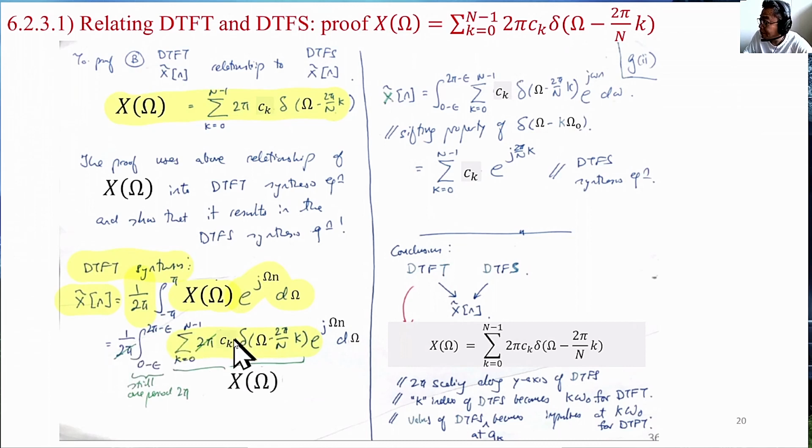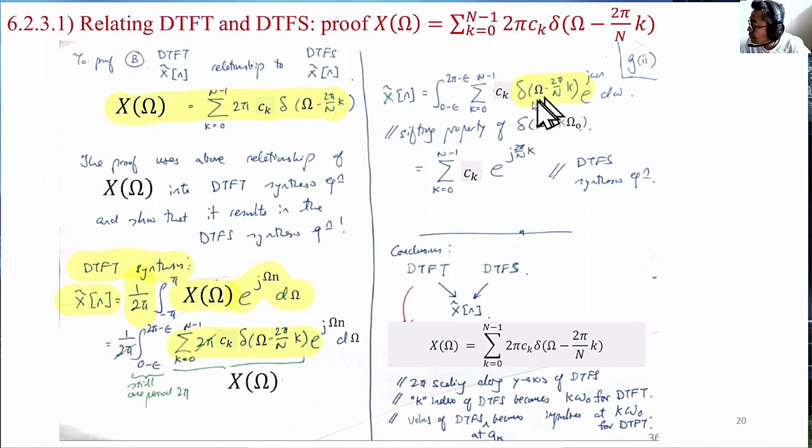We would now bring the integration into the expression, and we'll realize that the integration is operating on omega, and it will be on the particular frequencies 2 pi over N times k.